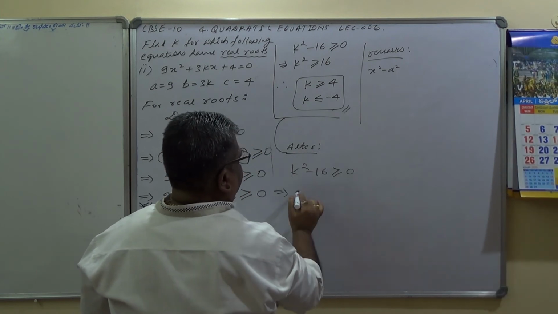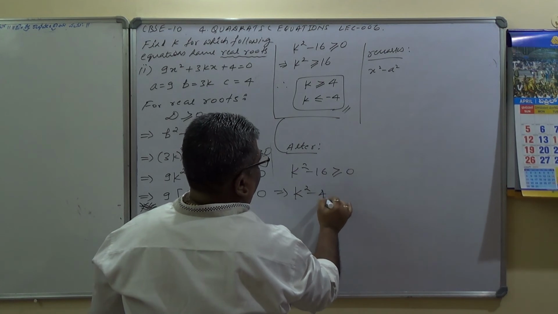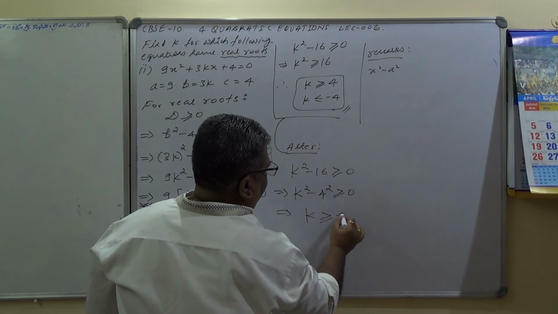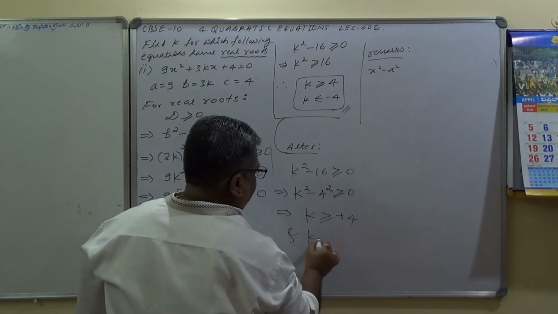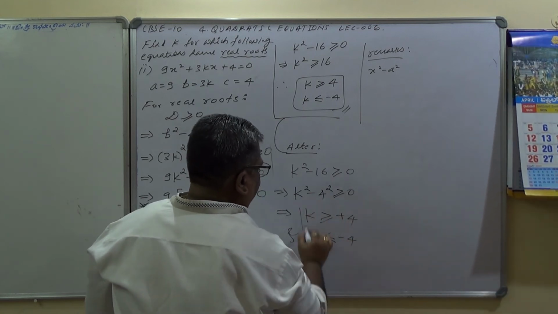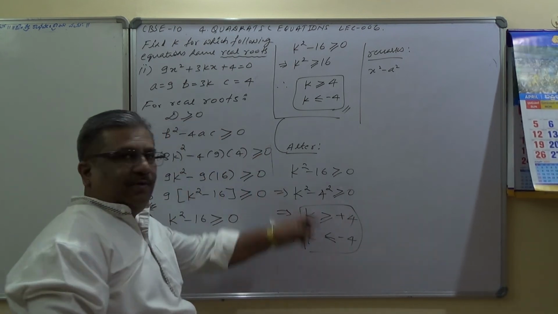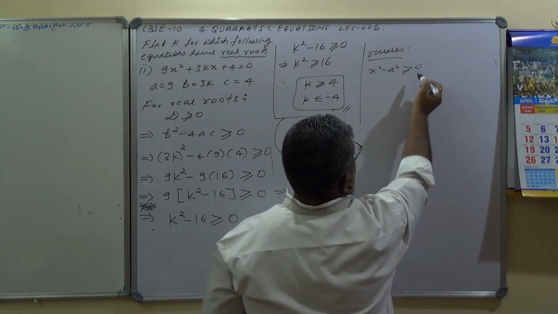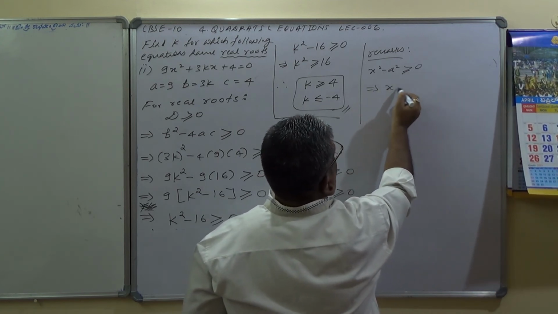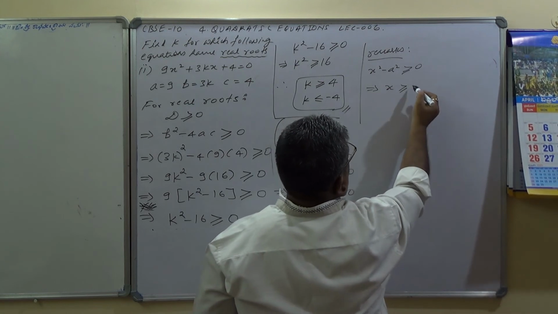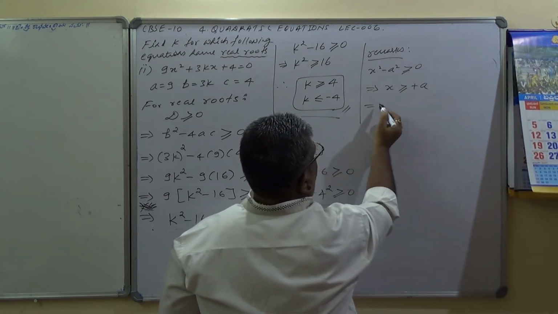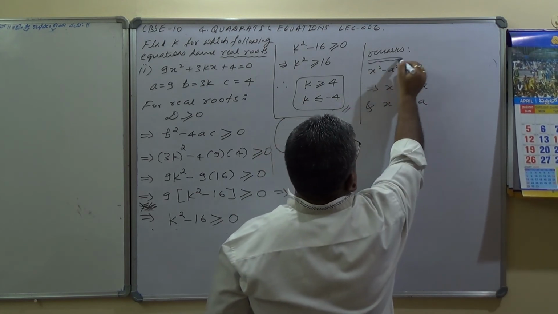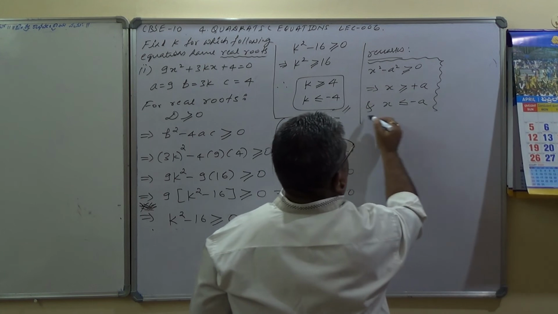Or I can write k square minus 4 square should be greater than or equal to 0, which implies k should be greater than or equal to plus 4 and k should be less than or equal to minus 4. Important. समझ में आ रहा है आपको how I am writing? Now remarks: if x square minus a square is greater than or equal to 0, it implies x should be greater than or equal to plus a and x should be less than or equal to minus a. Please remember this.